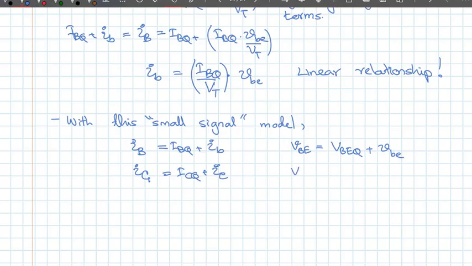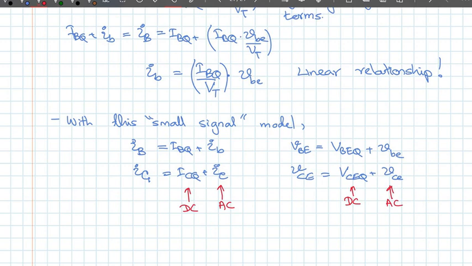And similarly the total VCE is equal to VCEQ plus simple VCE. Now you see all these quantities can be separated into AC part and DC part. So this is my DC part and this is my AC part. All these can be separated into AC and DC.